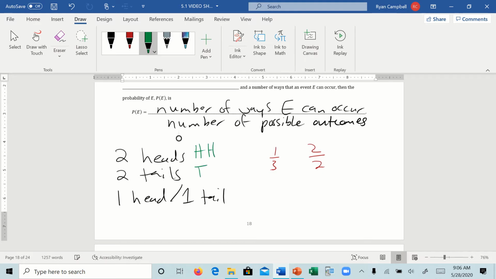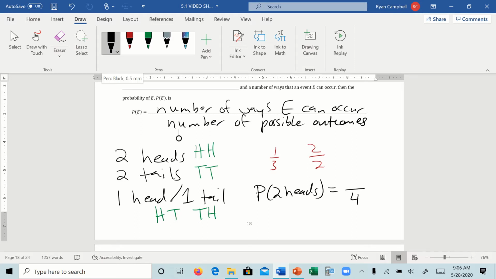The 2 tails is tails, tails. And the 1 head, 1 tails is either HT or TH, right? So in actuality, if you're trying to find the probability of 2 heads, well, there are 4 total outcomes, right? And there's only one of them that is 2 heads. So that's why this can get a little confusing.